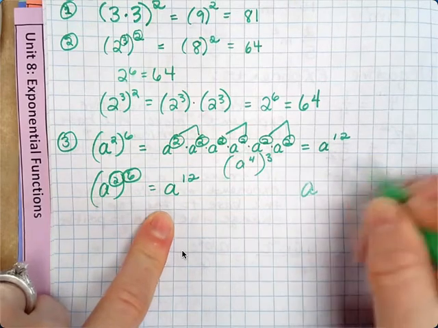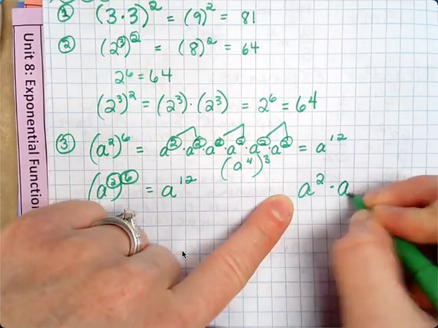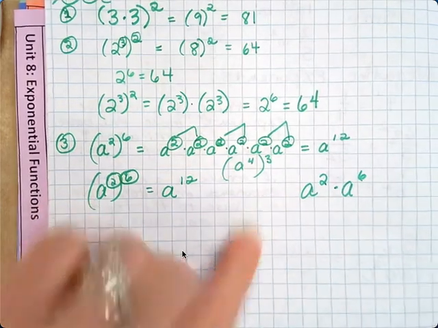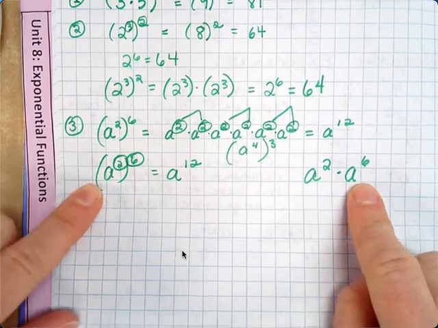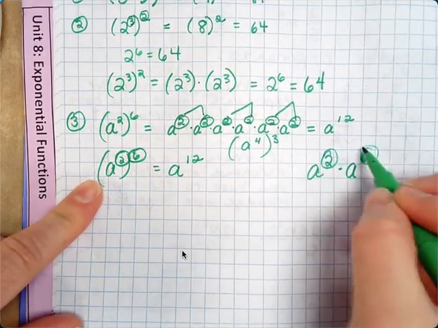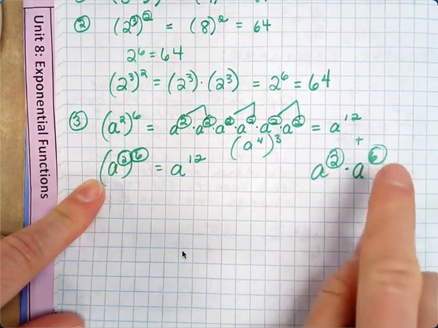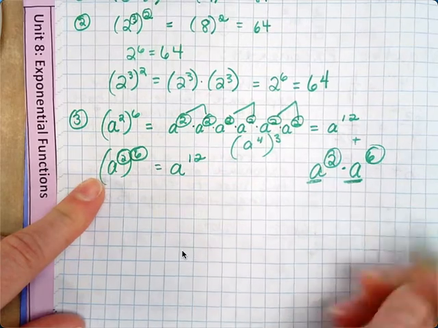So the difference between, let's say, a squared times a to the 6th, what is the difference between this and this? Because you add the two exponents with the bottom one. You add those exponents, because what's different about this? That one is in parentheses.